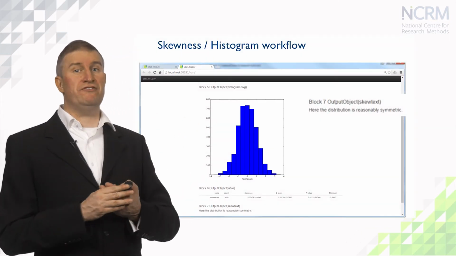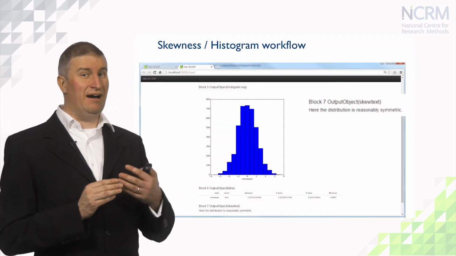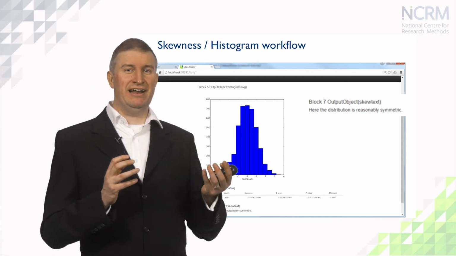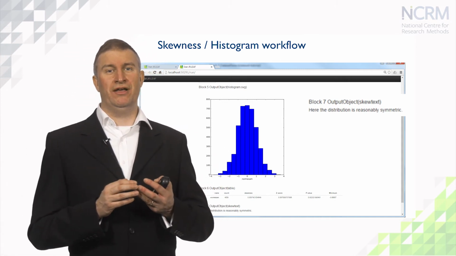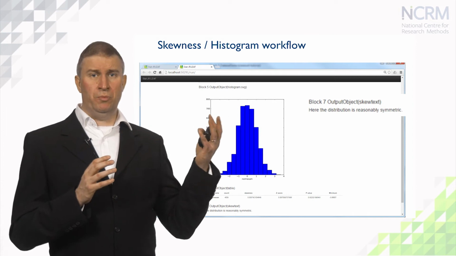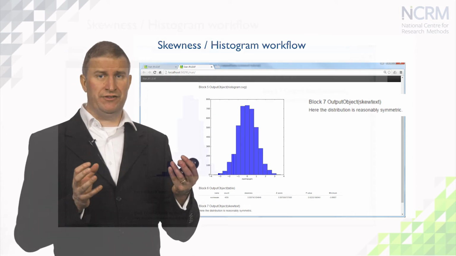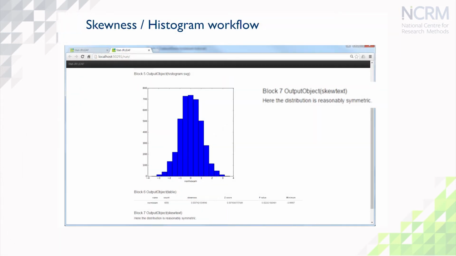Here is a first run through of the workflow, and we have chosen a fairly symmetrical variable. What we can see at the top is the histogram itself, and then some accompanying text that the SAA has generated, which has actually been calculated via a test statistic called a skewness statistic, and identifies that in this case the variable is fairly symmetric.